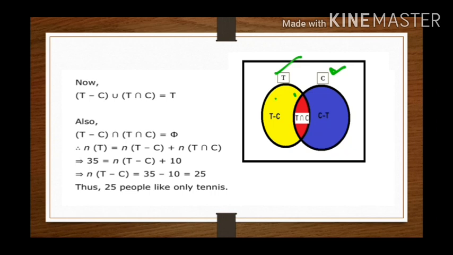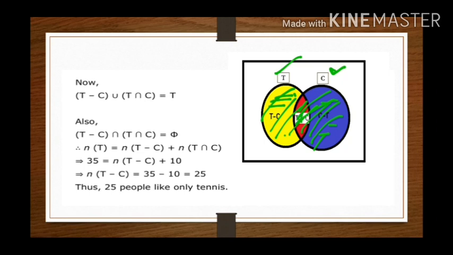This yellow portion is the collection of the people who like tennis but not cricket, this blue portion is the collection of the people who like cricket but not tennis, and this red portion is the collection of people who like both tennis and cricket, and this whole combination is the collection of people who like either tennis or cricket.